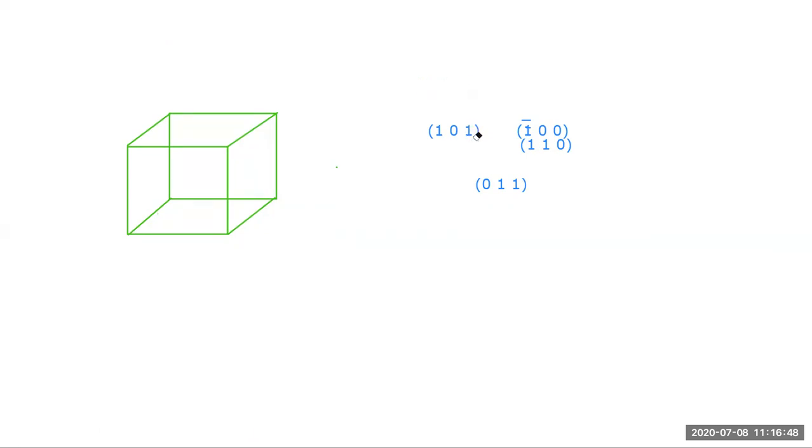For simplicity, writing it as 1 0 minus 1. Minus 1 is nothing but bar 1. So in which direction do you have to shift the origin? Z direction. The origin is here.